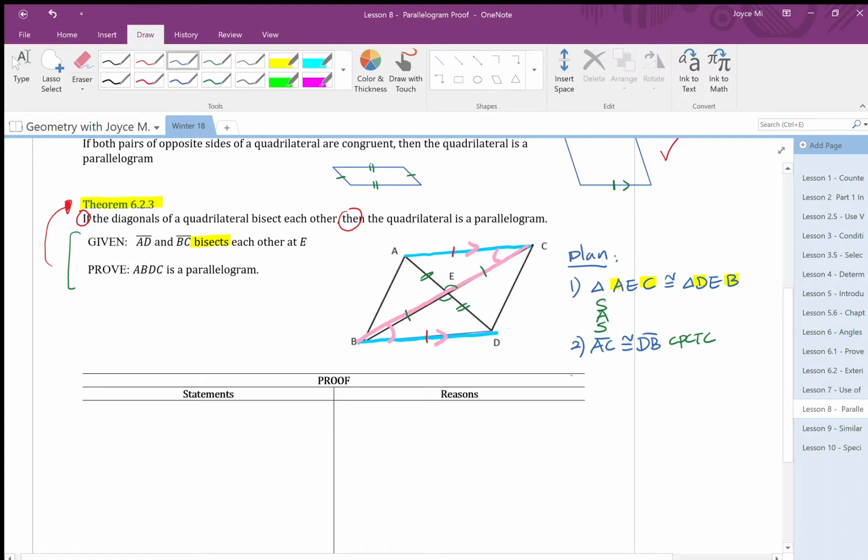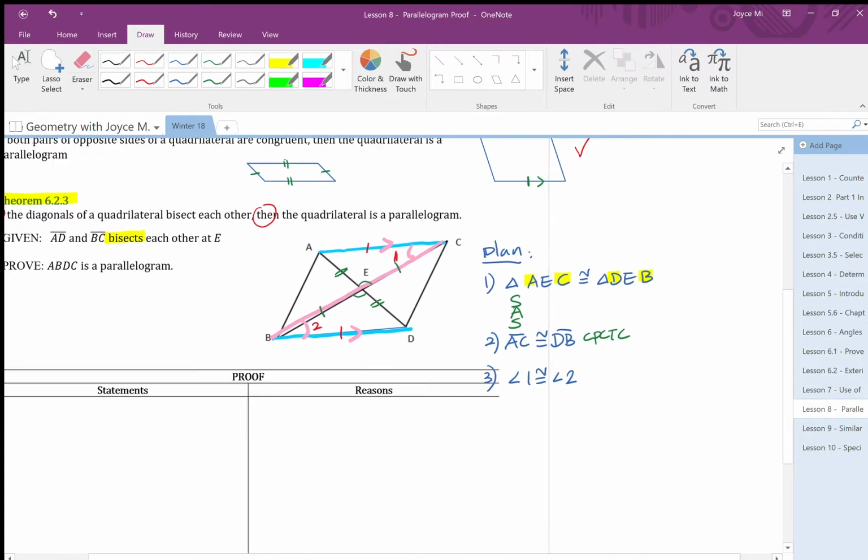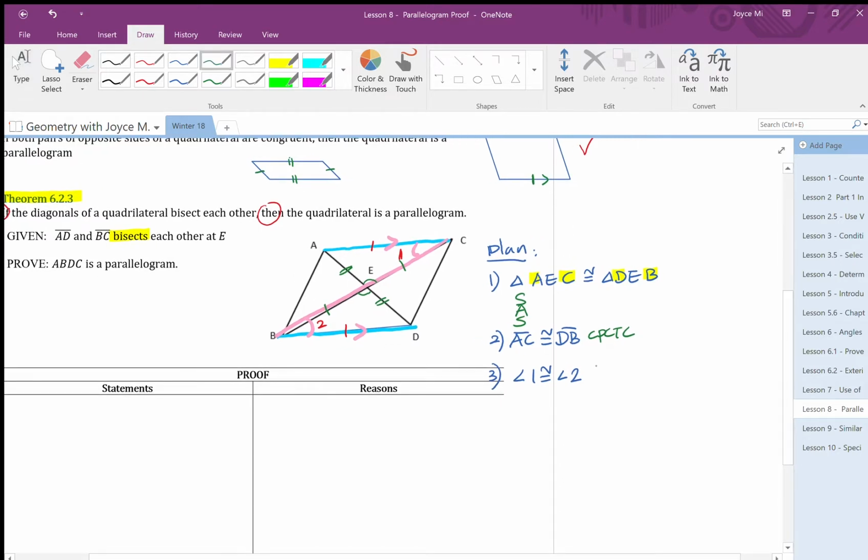So number 3, that means if I can show this angle over here, for easy notation, let's call this angle 1 and angle 2. If I can show angle 1 is congruent to angle 2, and I know this is true by CPCTC as well, corresponding parts of congruent triangles are congruent.